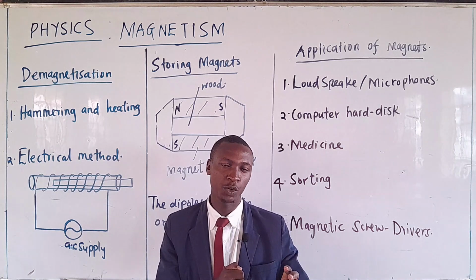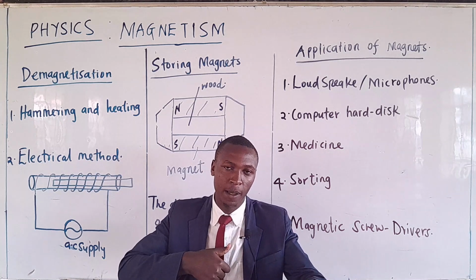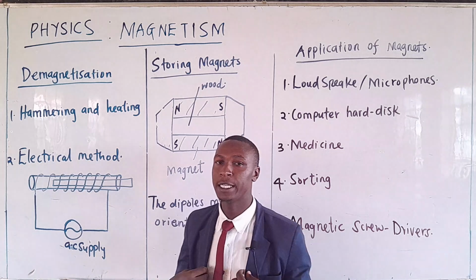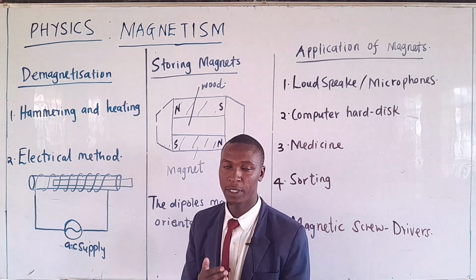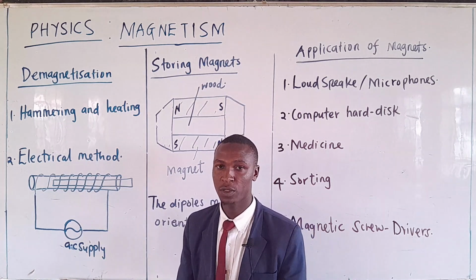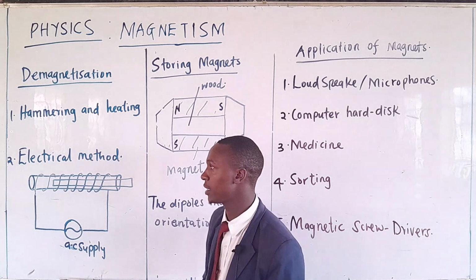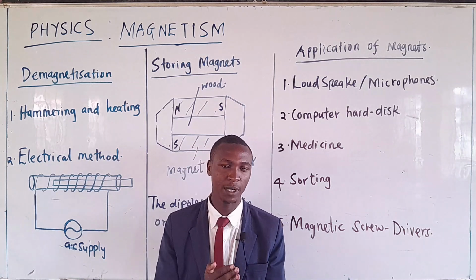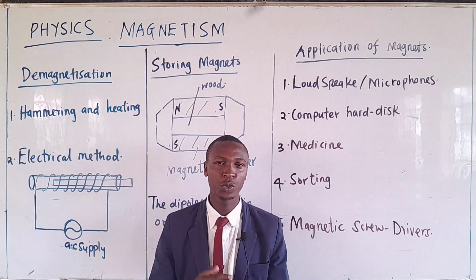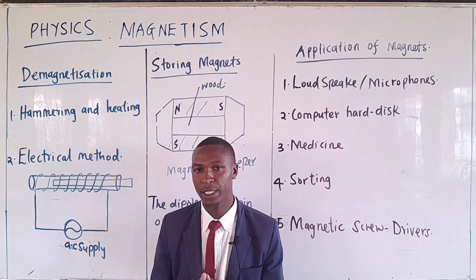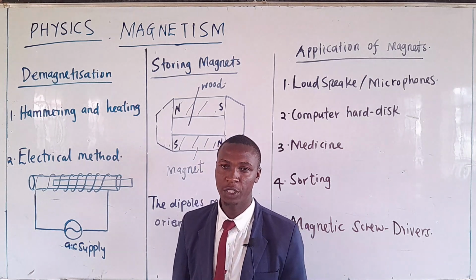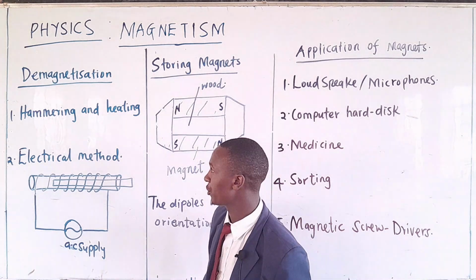In this case, you're going to change it such that the magnetic material is facing the east-west direction, the opposite direction to how it was facing during magnetization. And if it faces the east-west direction and you hammer severally, you are going to distort the orientation of the dipoles, and therefore, at the end of the day, the magnetic material will have been demagnetized.